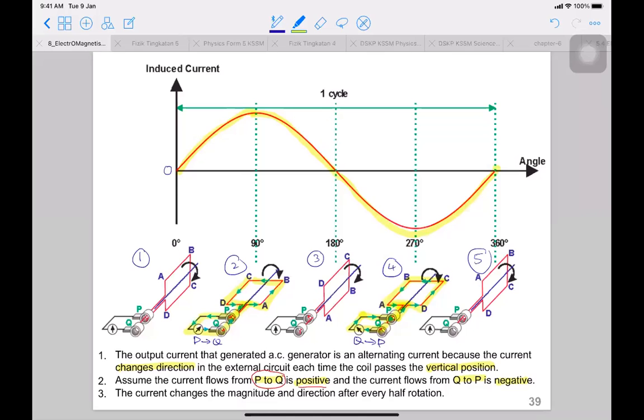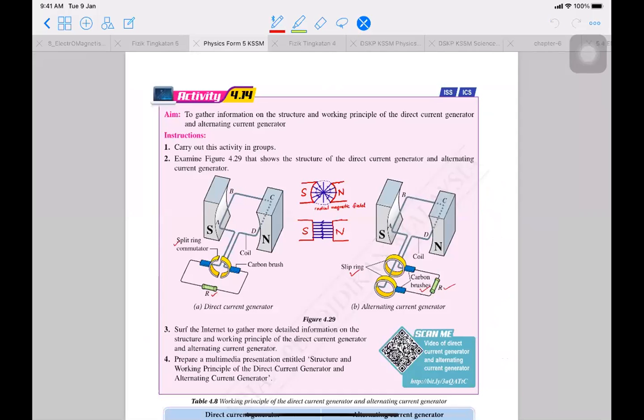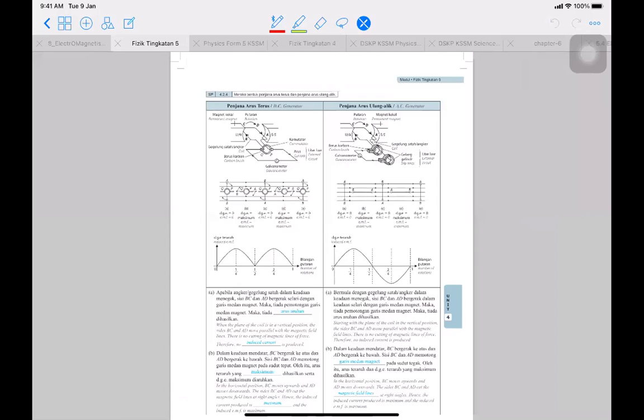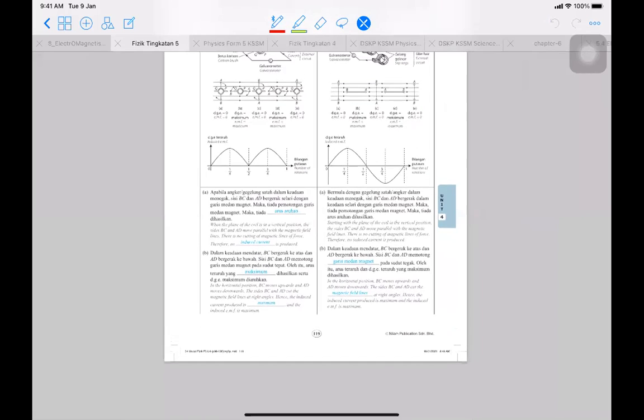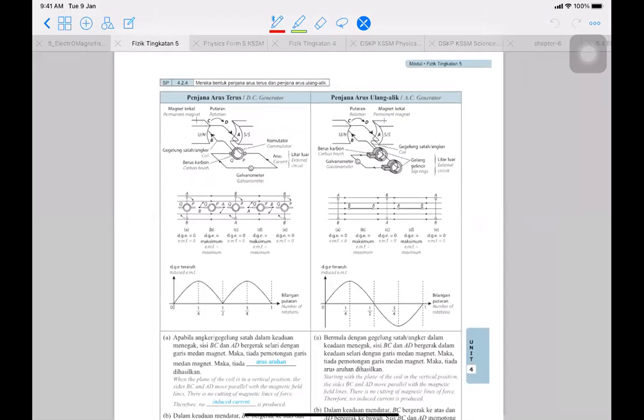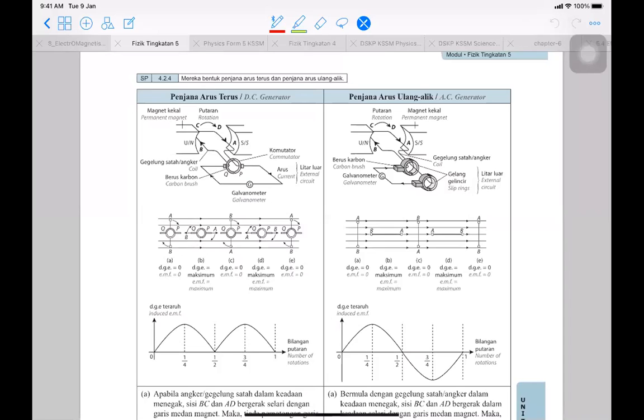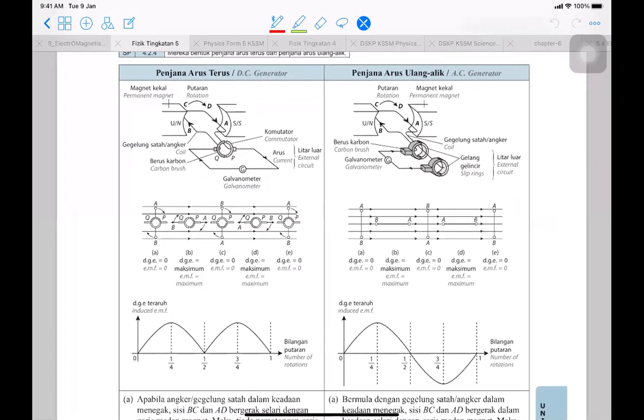Okay? Any question? Hopefully tidak ada. So I will post this one also in your group for you to refer back. Because kan in your workbook, I've already checked in your workbook. Yang ini, this one is in your workbook, page 119. Got some explanation juga. Maybe you can go through that one.